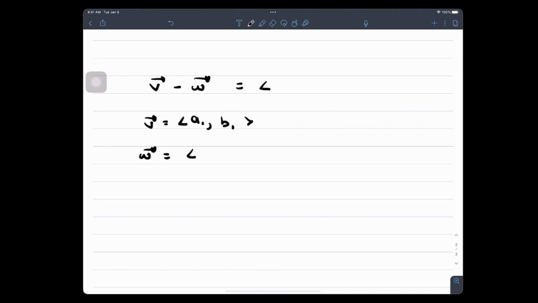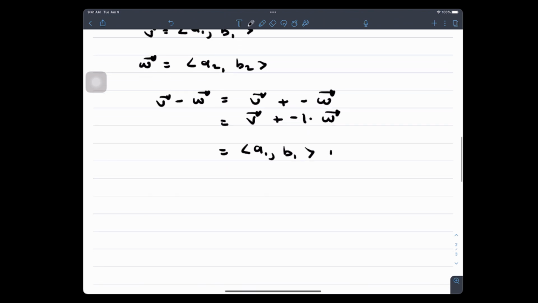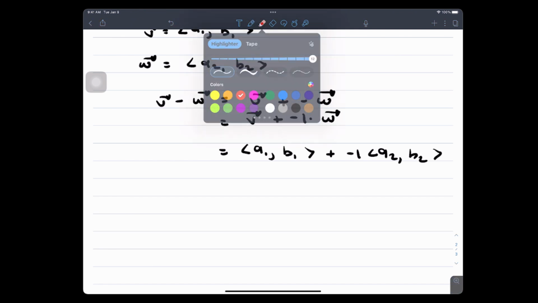Here's vector W in component form. So notice subtraction here is written really as the addition of a negative. Now that's -1 times W. A1, B1 plus -1, A2, B2.